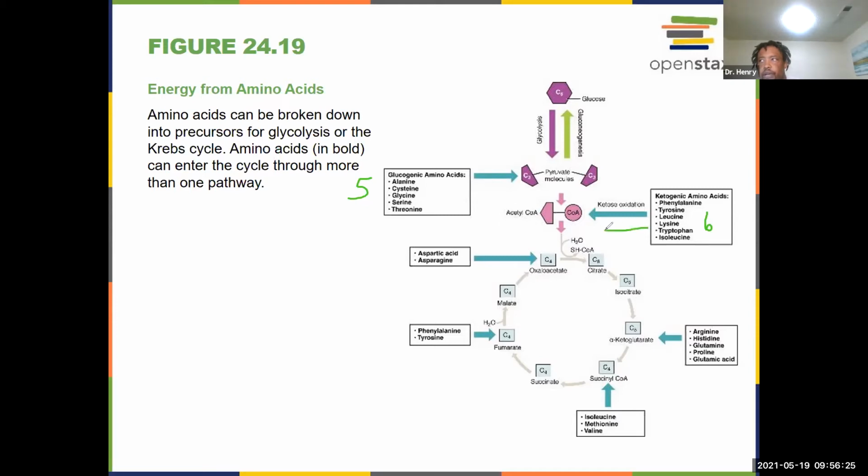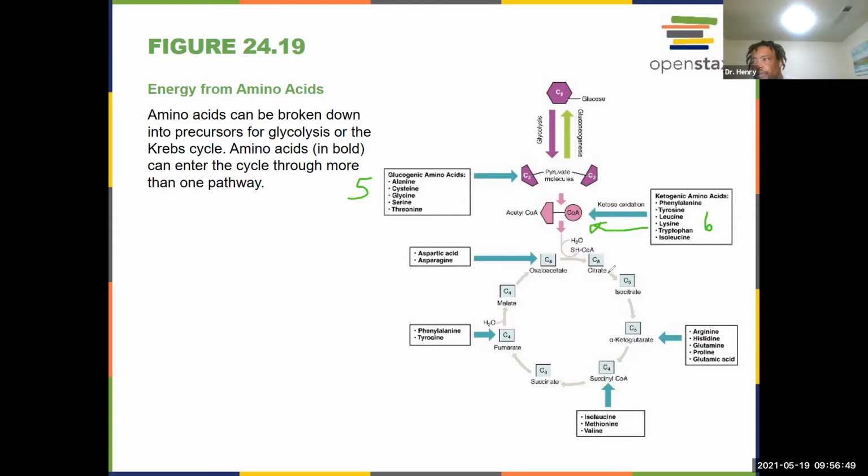So and that's going to be done by the ketone oxidation. And so very similar to fats, this is the point where a lot of our fatty acids and stuff are going to be entering that cycle.